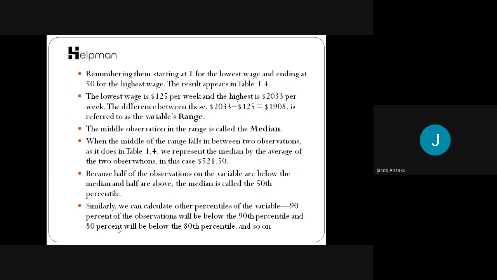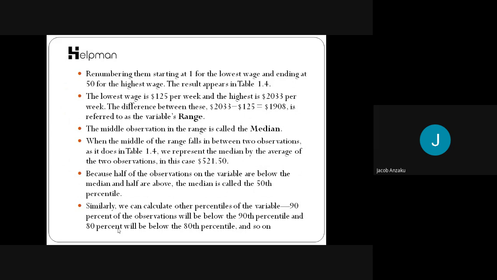Now, the difference between these two, that's the highest wage and the lowest wage, will give us the range. So the range is a measure in statistics we use to get a difference between the highest and the lowest wage.